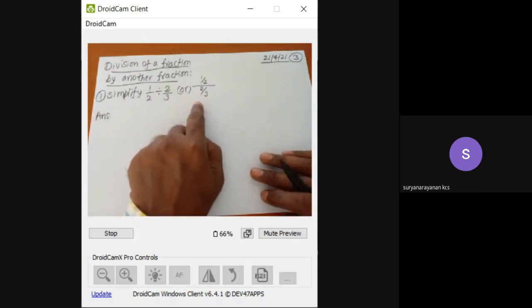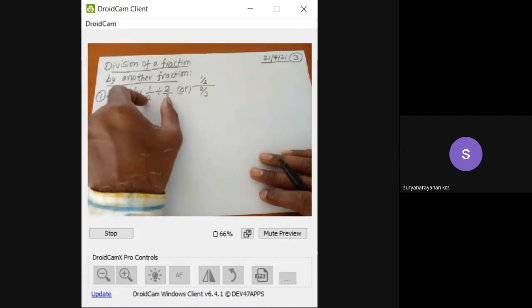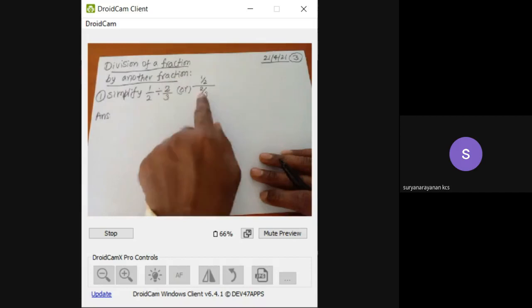Okay, my children. Both mean the same. We are dividing 1 by 2 by this fraction 2 by 3. We can write this question like this also, 1 by 2 divided by 2 by 3.